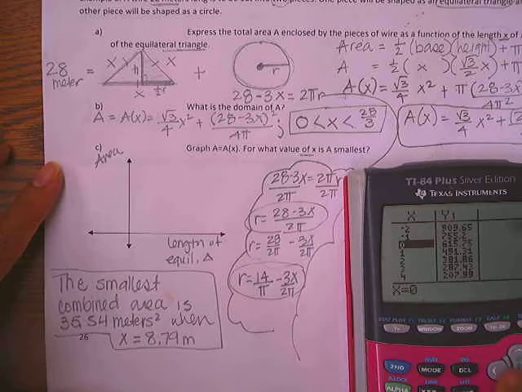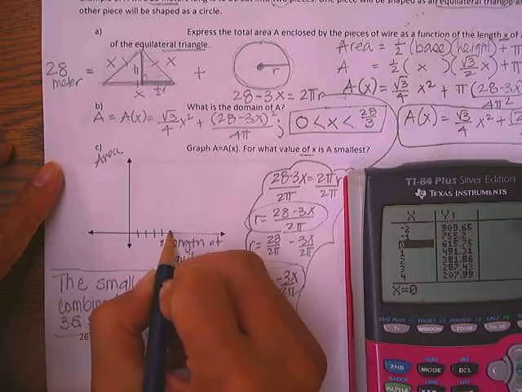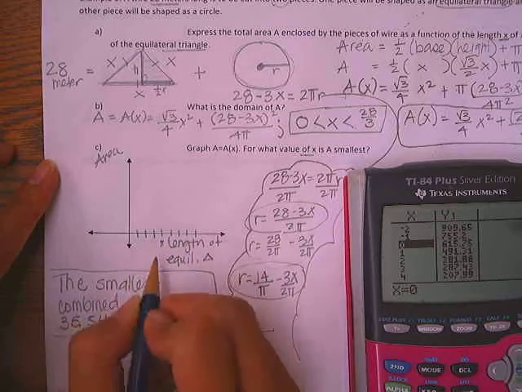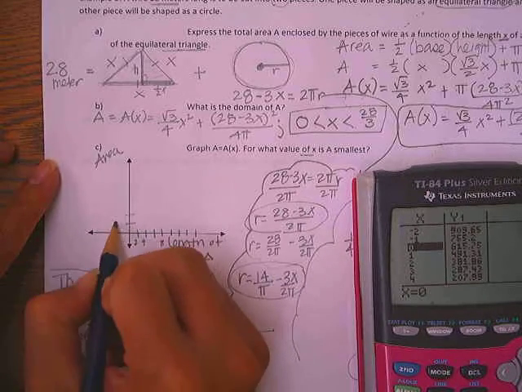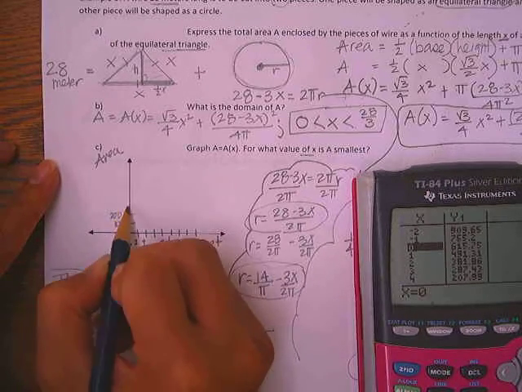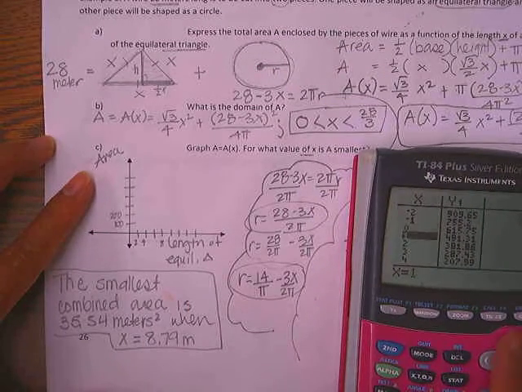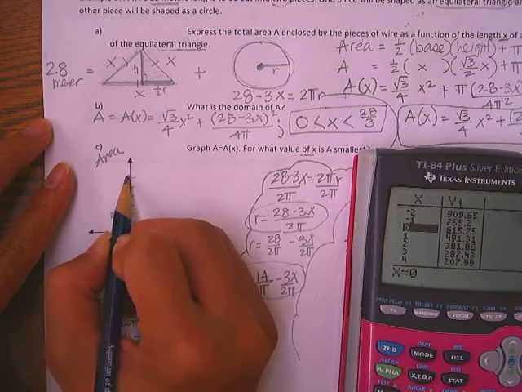On the x-axis 2, 4, 6, 8, 10, 12, 14, 16, and on the y-axis 100, 200, 300, 400, 500, 600. So when x is 0, it's going to be in the 600s.